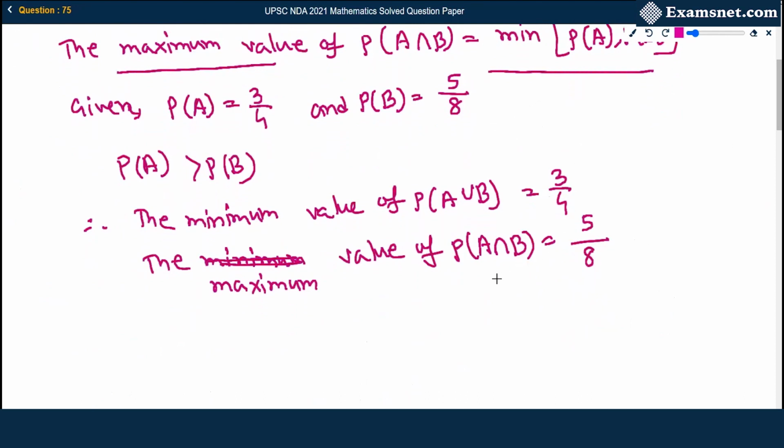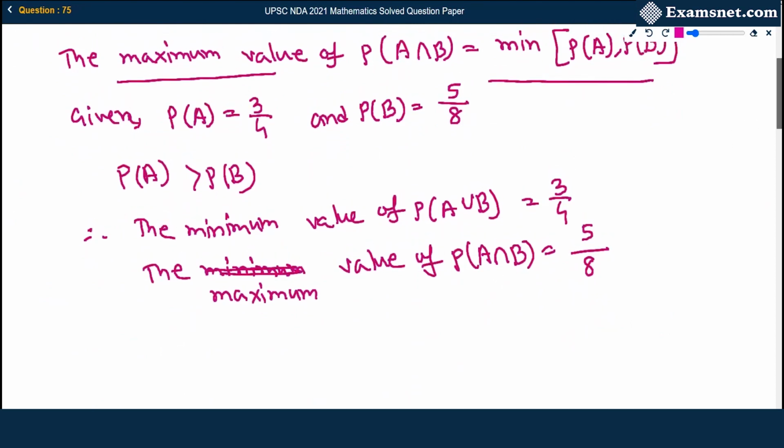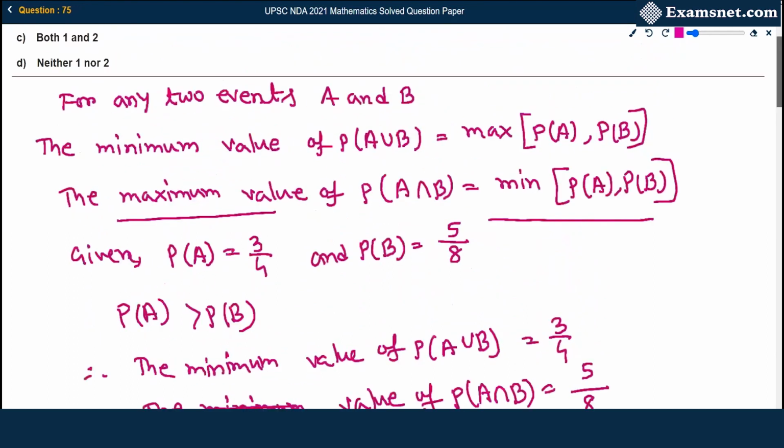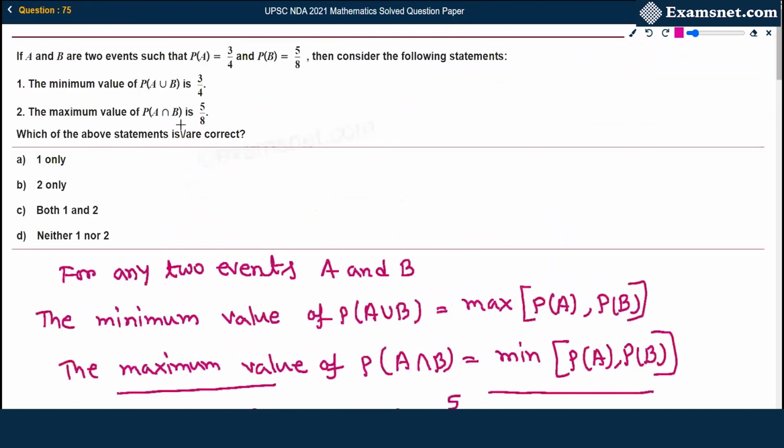That's why this is the value for the maximum value of probability A intersection B. So yes, the maximum value for probability A intersection B is 5/8.